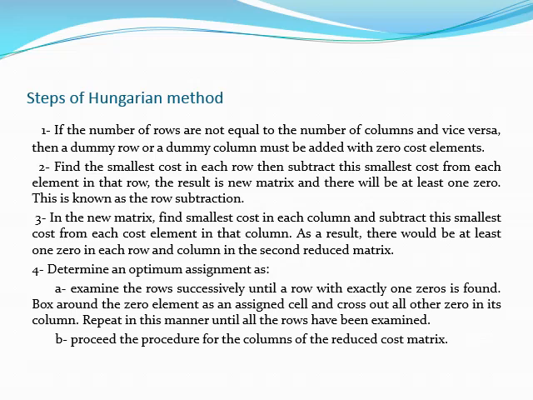Then determine an optimal assignment as follows: examine the rows successively until a row with exactly one zero is found. Box around the zero element as an assignment cell and cross out all other zeros in its column.